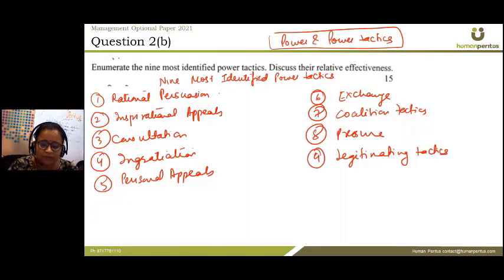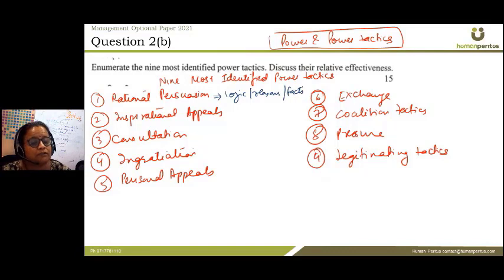Rational persuasion is whenever the power holder is trying to convince the other person with some logic, reasons, or certain facts. Okay, so that comes under rational persuasion. So in this way, the other person will get influenced and do whatever the power holder wants him to do. Okay, now inspirational appeal.